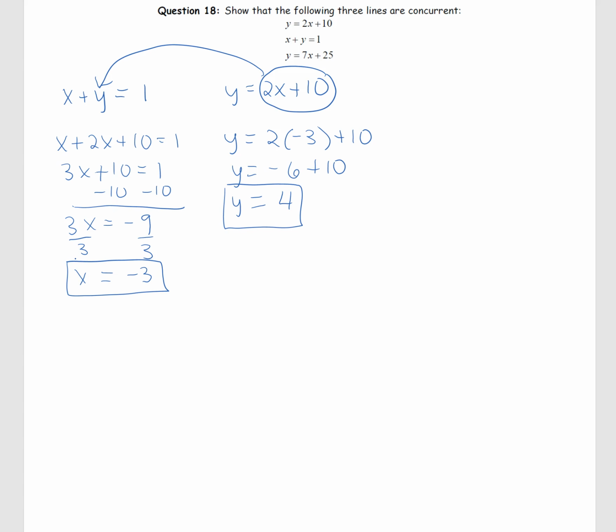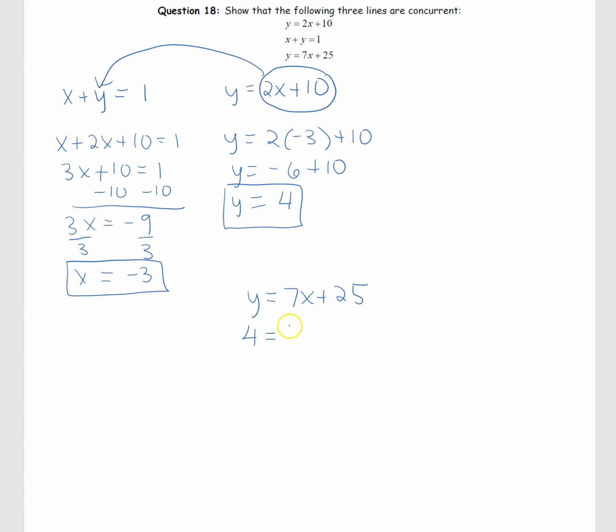Now I want to check this with the last equation to make sure that this is also a point on that line. I have y equals 7x plus 25. I'm going to plug in my values for x and y and see if the two sides of the equation stay equal to each other.